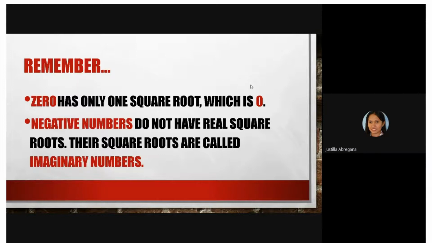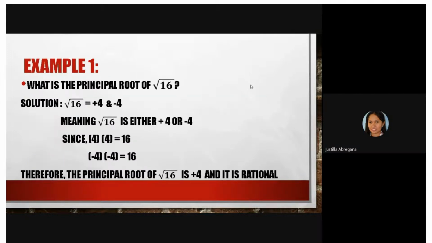Another thing that you should remember, negative numbers do not have real square roots. Their square roots are called imaginary numbers. So if your radicand is a negative number, then the square root is not a real number. So it's an imaginary number.